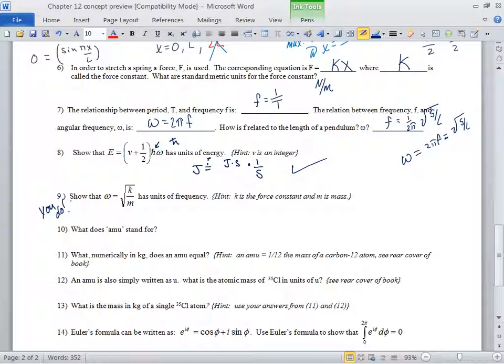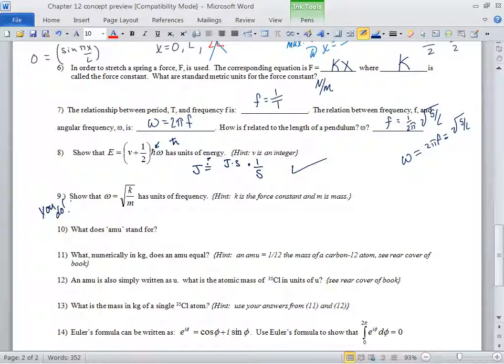So all they're talking about in this definition of AMU is carbon-12. So everything's based on it, and you have this nice round number. The molar mass of carbon-12 is 12 grams per mole, right?